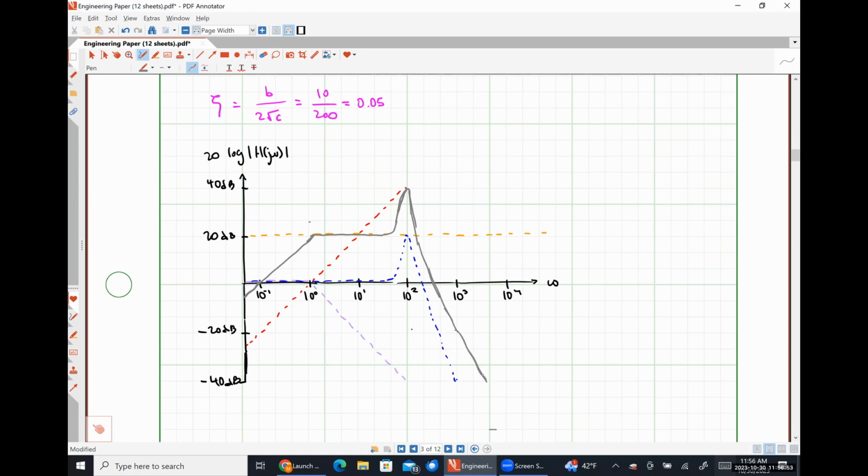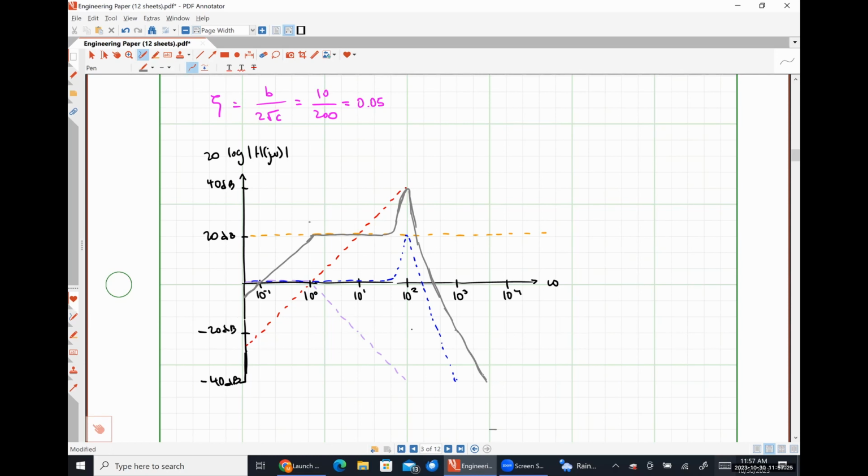So something like this would be my hand-drawn approximation of this guy. So what kind of filter would this be? A bandpass filter.